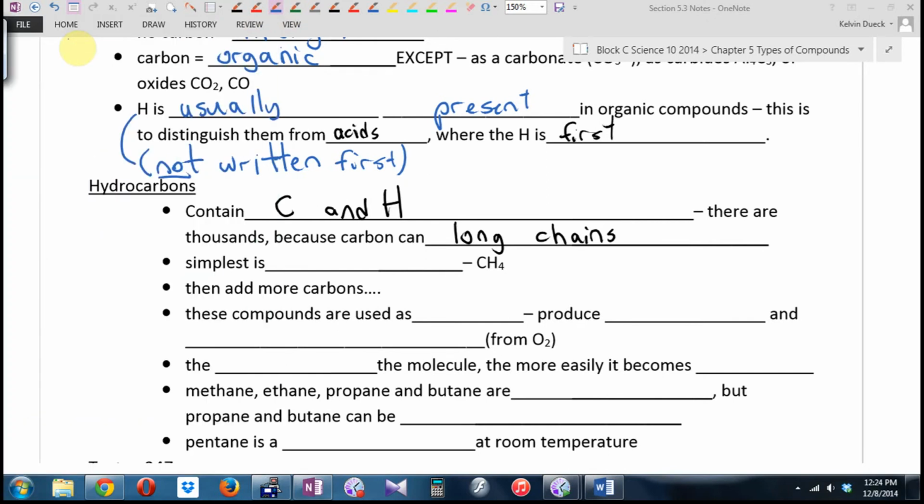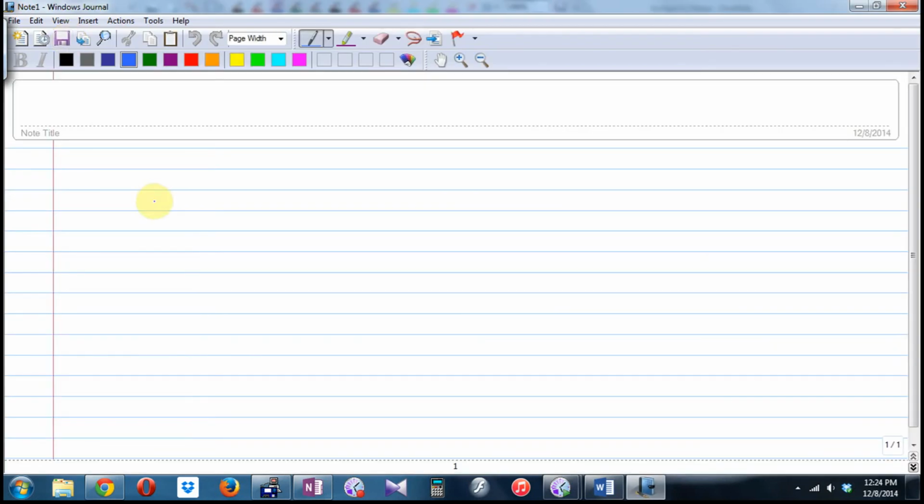Okay? So the simplest one we said was methane, which was CH4, but then you can go 2 C's and have a hydrogen, hydrogen, hydrogen, hydrogen, hydrogen, hydrogen. But if you want to, instead of putting a hydrogen there, you can add another carbon and have hydrogens there, there, and there.